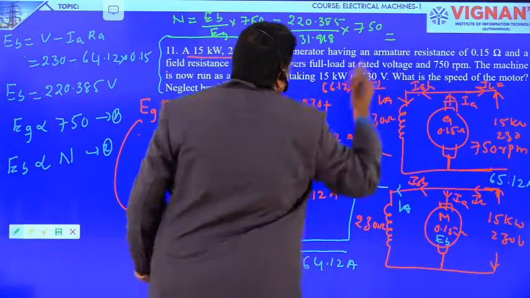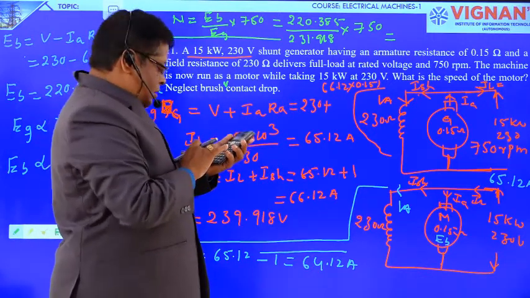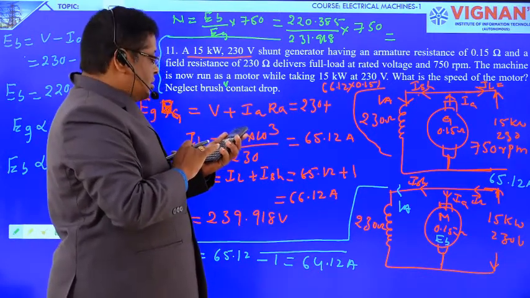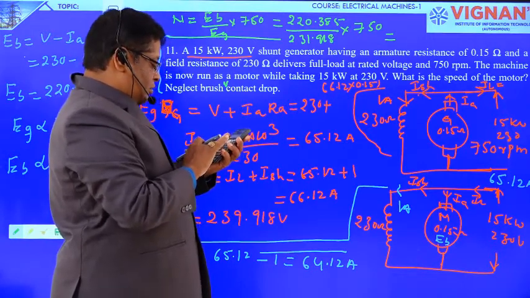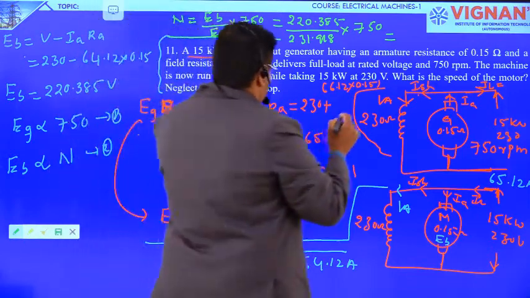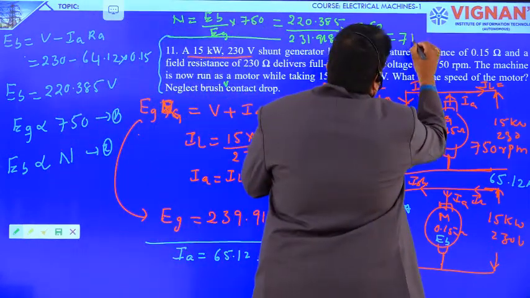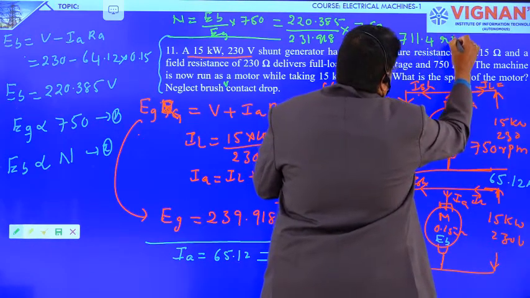If you solve this one, you are getting the value as 711.4 RPM.